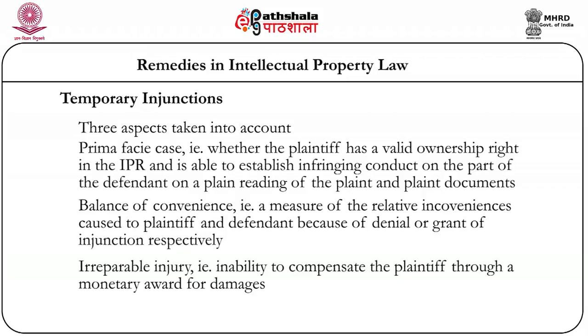So, in other words, you take the plaintiff, look at what hardship or inconvenience will be caused to the plaintiff where the injunction is refused. Then take the defendant and look at the hardship caused to the defendant if the injunction were to be granted. You compare and contrast these.